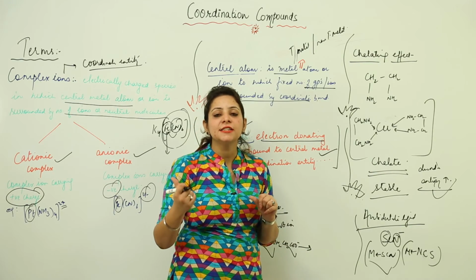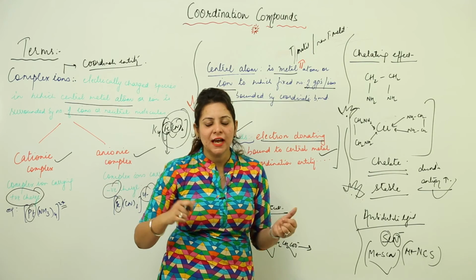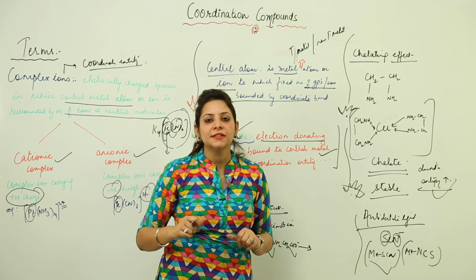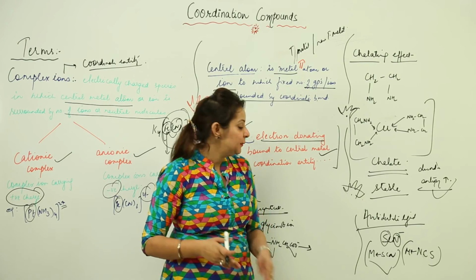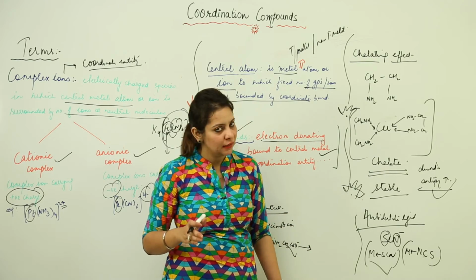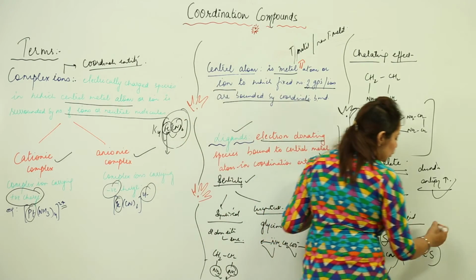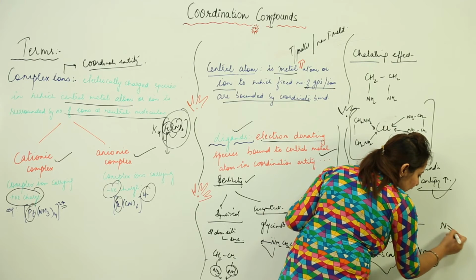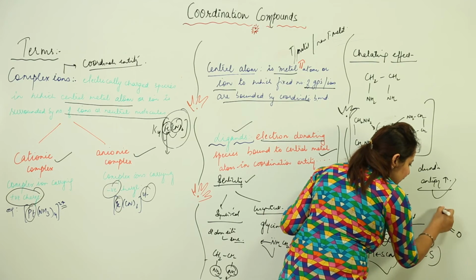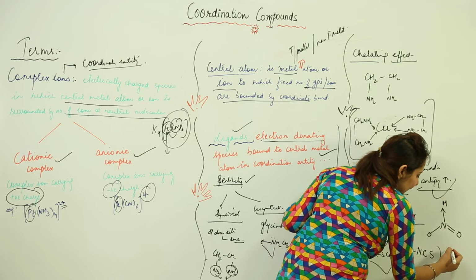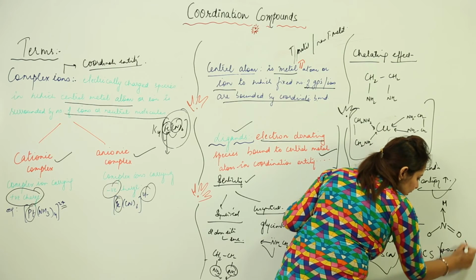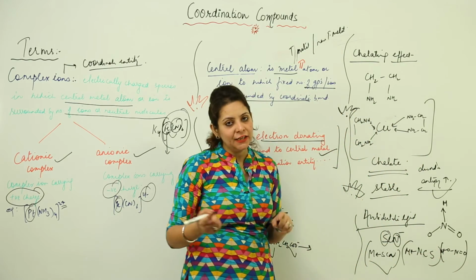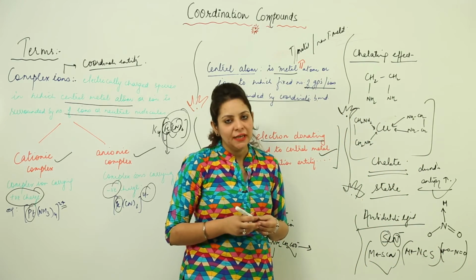Because it has the two groups on either side and it can link to the central atom through one kind of linkage at a particular given time, that is why it is called an ambidentate ligand. Likewise, we have NO2. NO2 is particularly like this. So it can link with the metal atom this way also, and it can link with the metal atom through oxygen also. So again it can link in both the ways, so it is an ambidentate ligand.